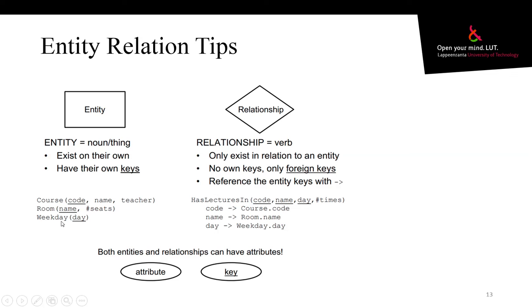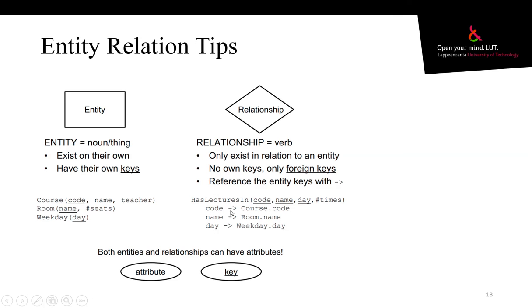If we want to make such a relation, here we have the key for course, which is code, and then the name for the room, the key for the room. Usually these are primary keys. We'll go into keys in a later slide. So the room key, which is name, and the weekday, which has day as the key.